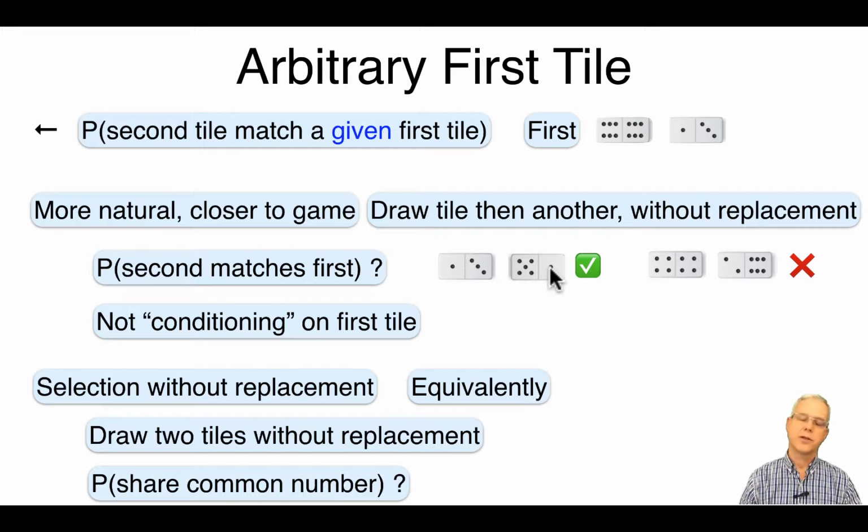Equivalently we could just say we're drawing two tiles. Let's wait until we draw both of them. We don't care which order, we just ask what is the probability that they share a common number. Okay, so to calculate it, as usual, we need to calculate the sample space. We need to observe that in this case it's uniform, and then everything will be easy.